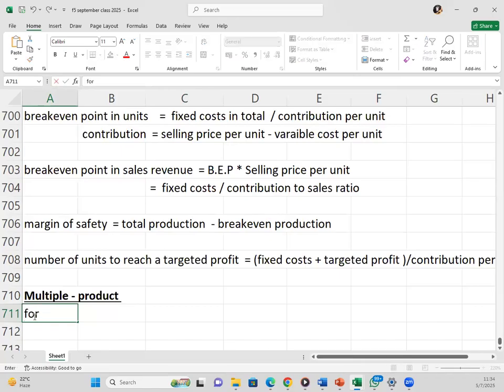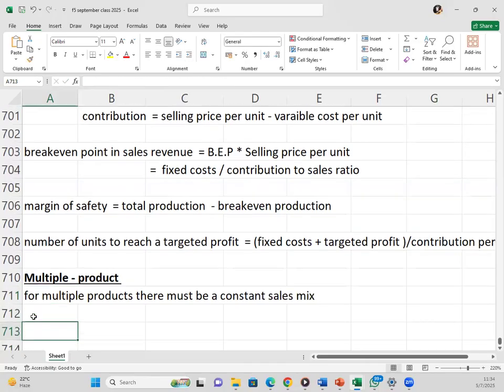So for multiple products, there must be a constant sales mix. If the firm is dealing with multiple products, meaning for every certain number of units of X, you should also sell the proportionate number of units of Y. So you should be selling your products in a certain ratio.